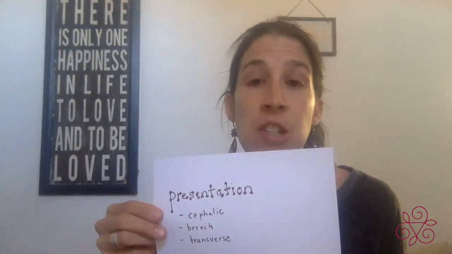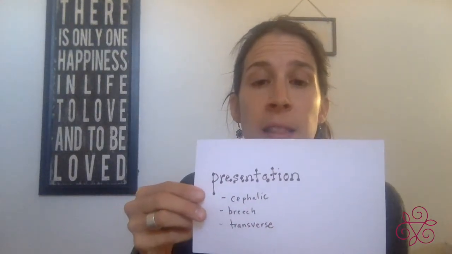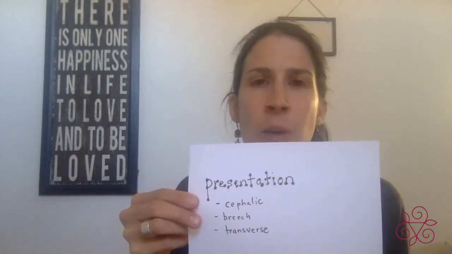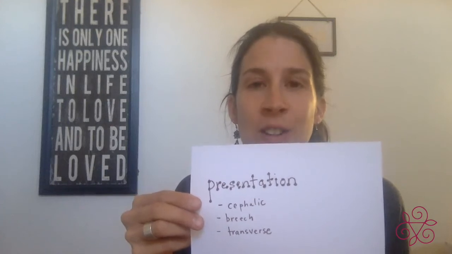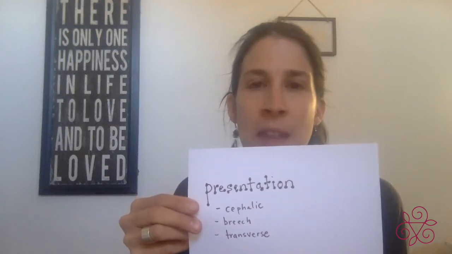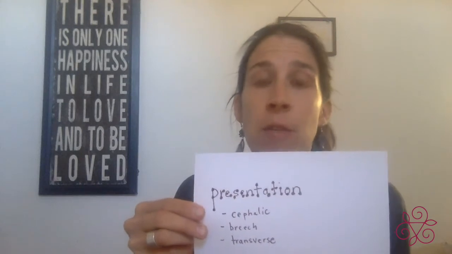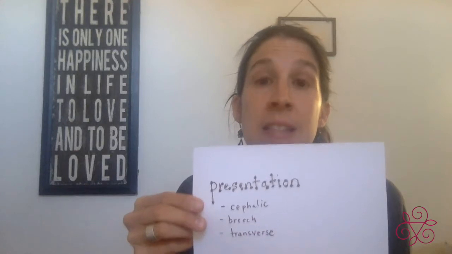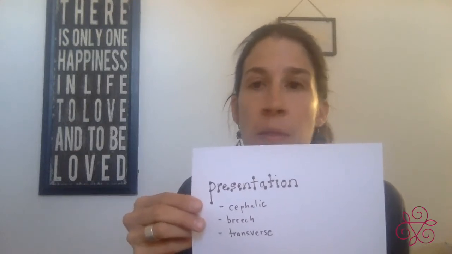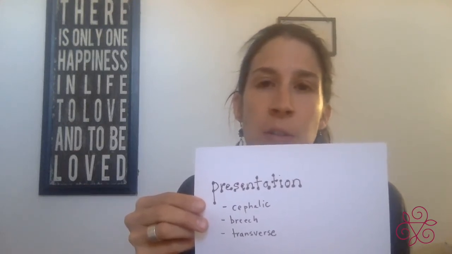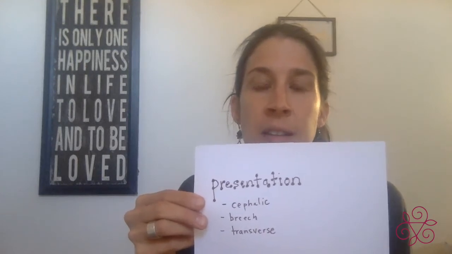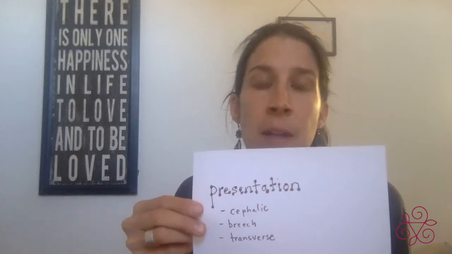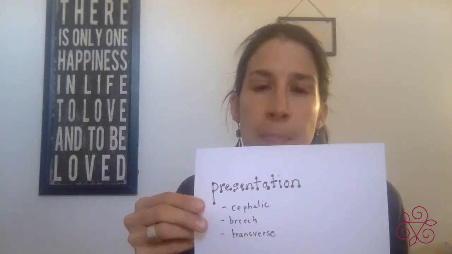Okay, presentation. This only comes into play, like I said, once someone is past the 28-week mark. We honestly don't really care so much. Probably even around then, still babies flip and have plenty of room to do all kinds of things, and most will settle down into a nice cephalic or head down position before birth and in the weeks prior to birth. But if we're interested in classifying the presentation, it's what part of the baby is in the pelvis or leading from the pelvis.